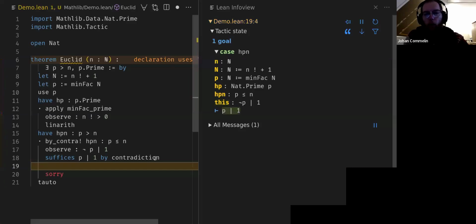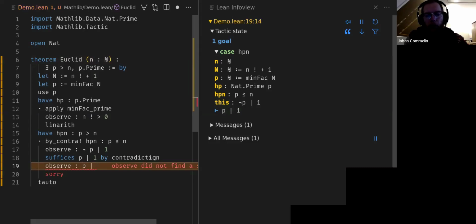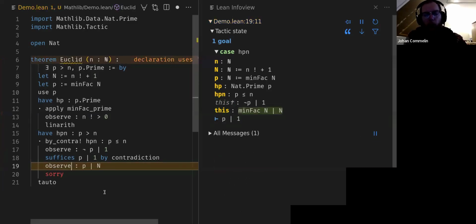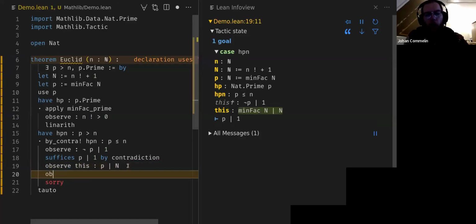And so what we're left with is showing that P divides 1. And then we say, okay, well, observe that P divides capital N. And maybe we have to give this a name because we will refer back to it. So observe this, observe that P divides n factorial.